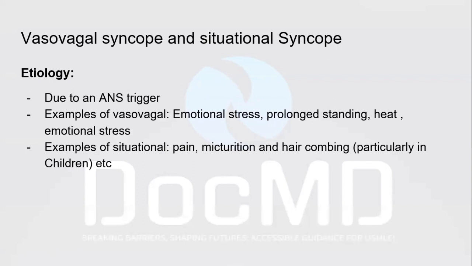One example is after someone gets into a race or a match and there's a lot of heat. It's a bit complicated, but this is an example of vasovagal syncope.